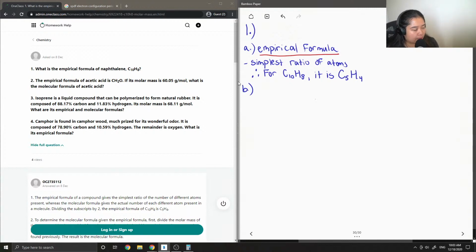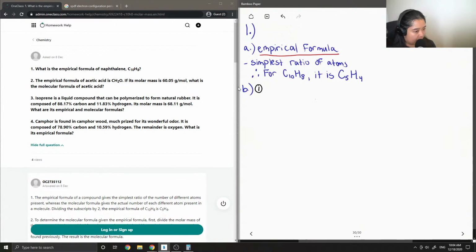So the second part gives us the empirical formula, CH2O. It also gives us the molar mass, which is 60.05 grams per mole. What is the molecular formula of acetic acid? We can break this up into different steps.